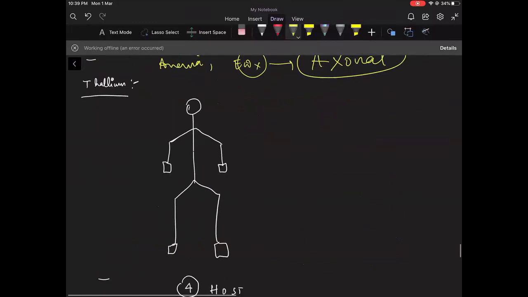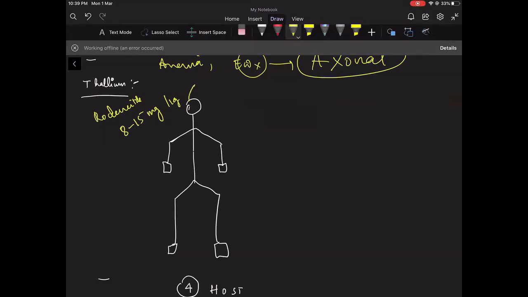Coming to thallium. Thallium we see usually in rodenticides. So the patient who has consumed rodenticide, if he has consumed large doses like 8 to 15 milligrams per kg body weight, then the patient will have symptoms.